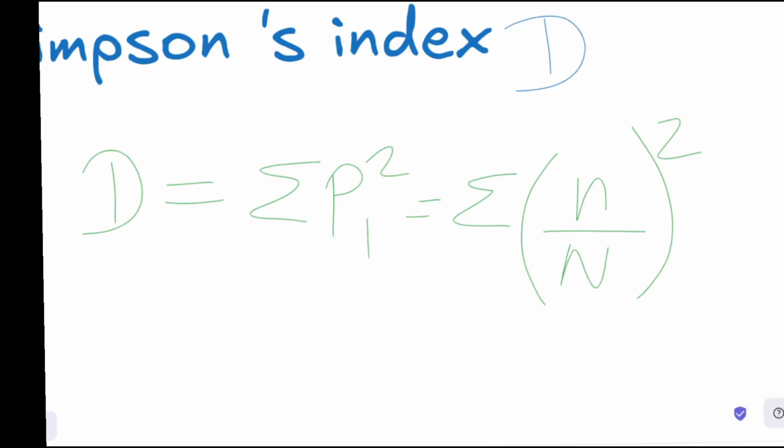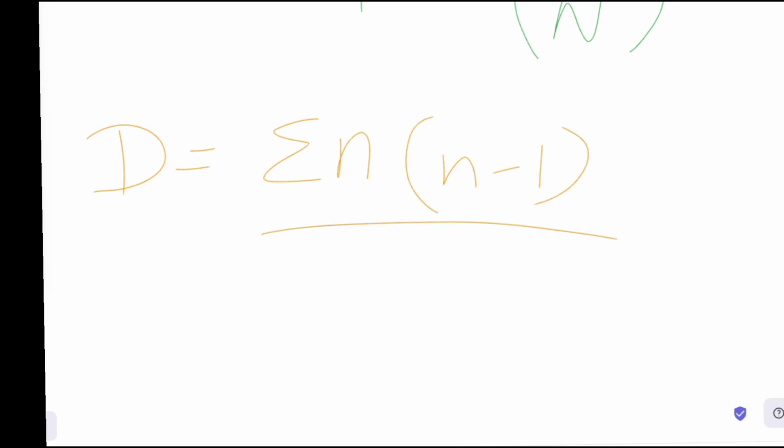For a finite community, this comes to be D is equal to the summation of small n (n minus 1) upon capital N (N minus 1).